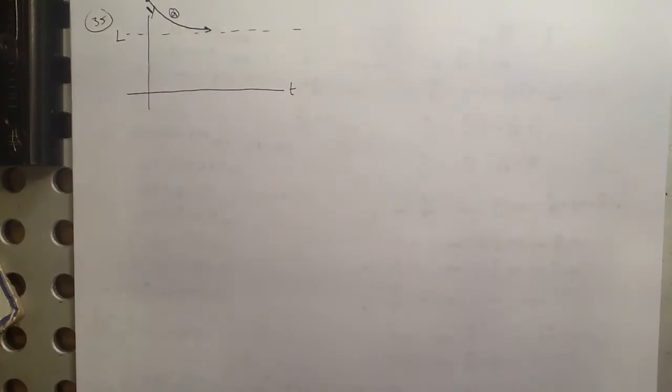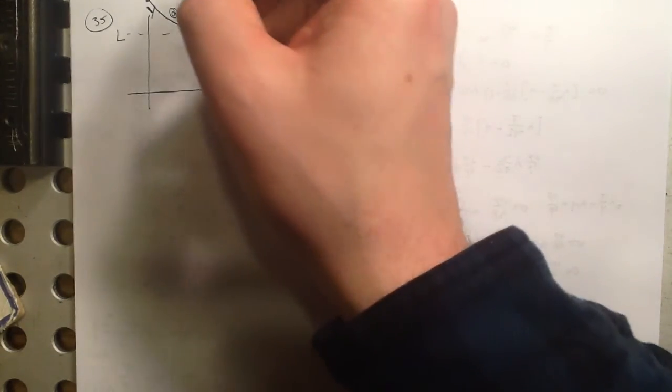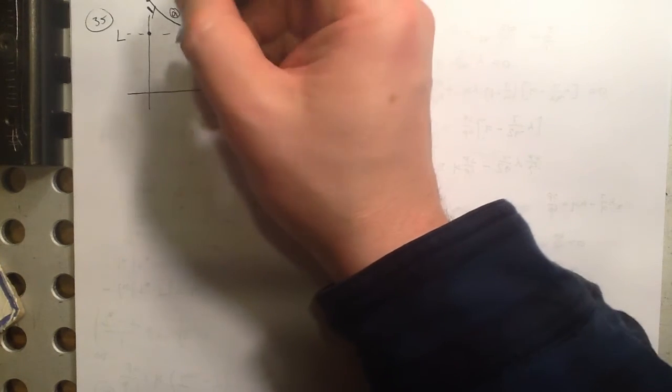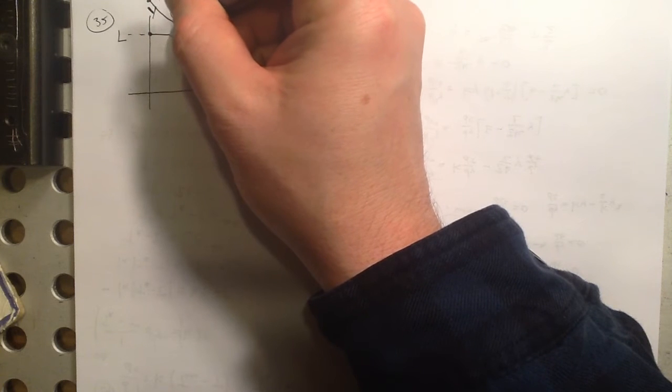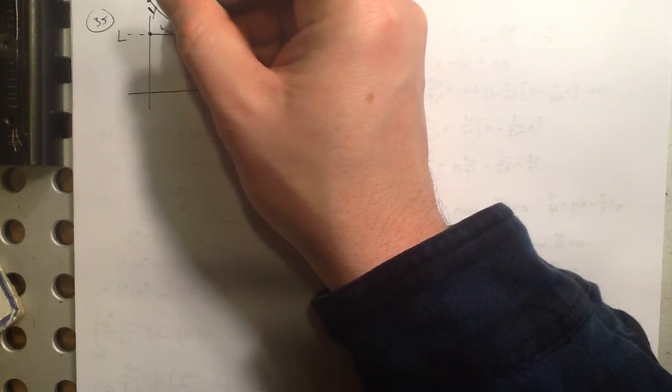So that's what A looks like. And I've shown you the slope field for this too, so the slope field also backs that up. What happens if you start y sub 0 at the carrying capacity? If it's equal to L, then it's just a horizontal line at the carrying capacity.